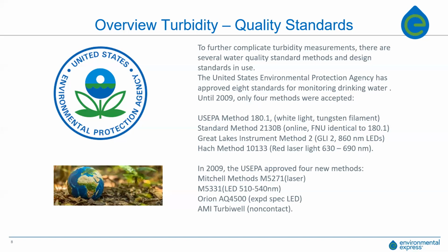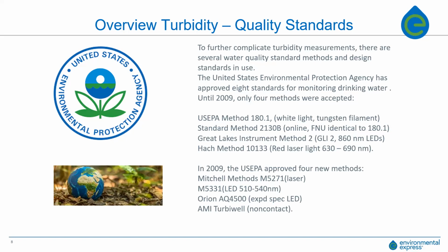In 2009, 4 additional methods were added to the list. And the reason I mention these is just so that we understand that there's a lot of different methods out there. We'll focus in on a couple specifically, but just to build awareness here.